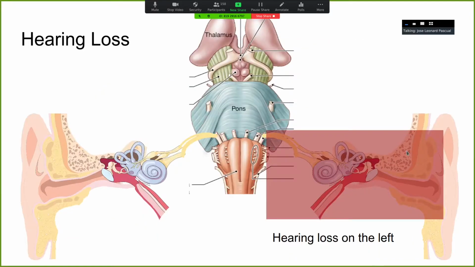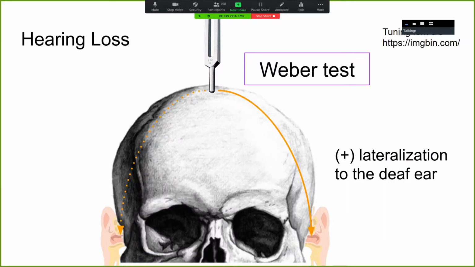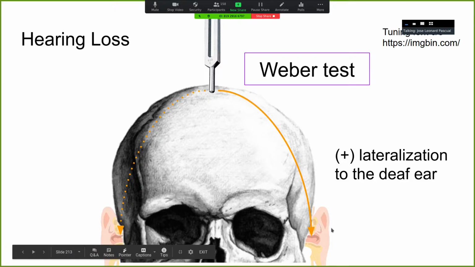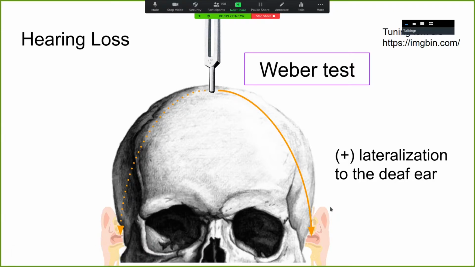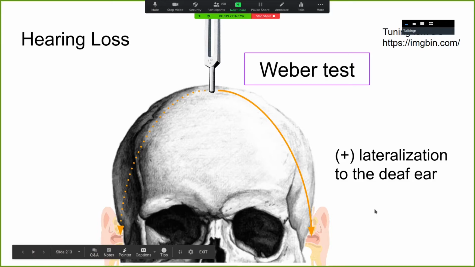So if you have a hearing loss on the left, you now depend on the results of the Cranial test and the Weber test. Now, if the Weber test, so you knew that the bad ear was here on the left side, lateralized to the bad ear, this is a sign that the problem is probably in the conduction of the sound waves through the ear canal, or a conductive type of hearing loss.